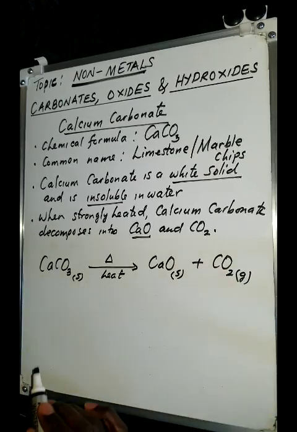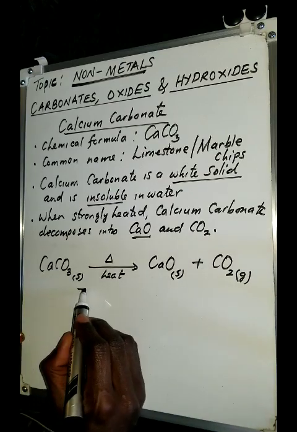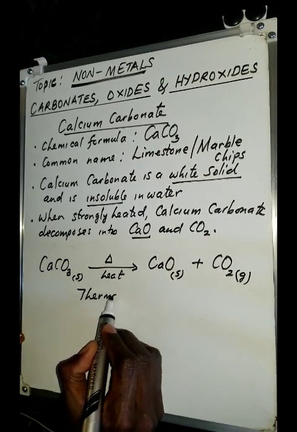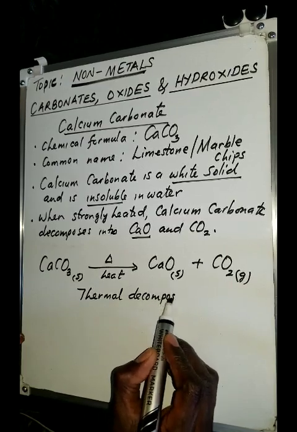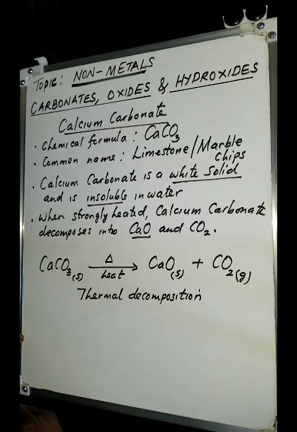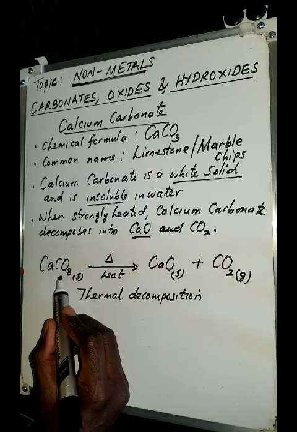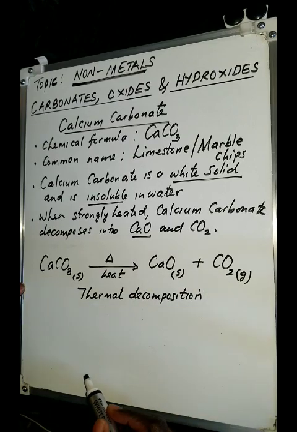The whole equation is balanced. The whole process is simply called thermal decomposition. So when they ask you what is the name given to such a process, we can call it thermal decomposition, because you're using heat to break down the calcium carbonate into calcium oxide as well as carbon dioxide.